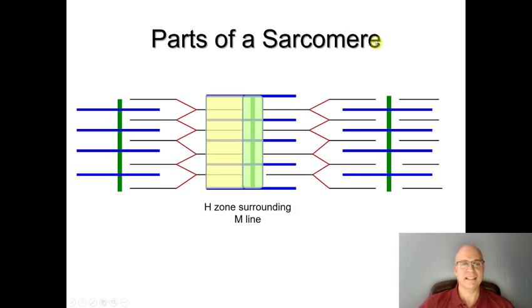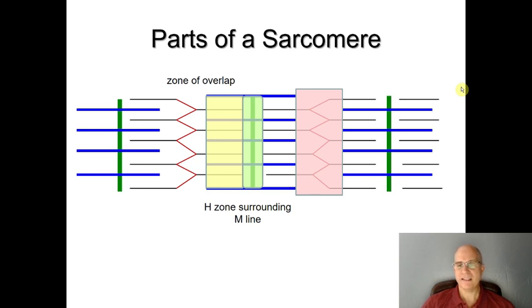And then we've got this yellow box that you see right here. This represents the zone of overlap because this is where we have both myosin, the thick myofilaments in blue, and the actin, or the thin myofilaments in black. And then we've got this area that I put the pink box around.